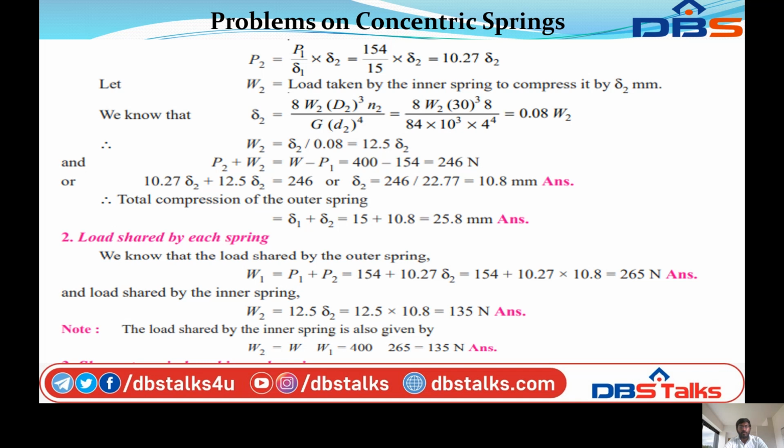So W1 is equal to 265 Newtons, and the load shared by the inner spring, W2, is equal to 12.5 delta 2. Substituting delta 2, 12.5 into 10.8, W2 is equal to 135 Newton. Therefore, the load shared by the inner spring is also given by W1 minus 400, that is equal to 265 minus 135 Newton.